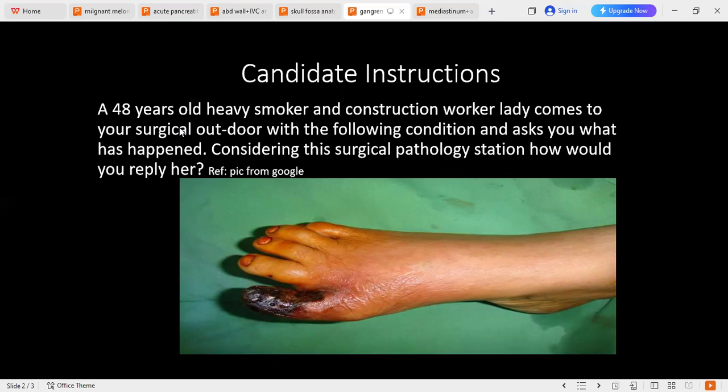The mode of spread: in dry gangrene there is a clear demarcation, whereas the wet one spreads by direct extension, and there are skip lesions. Here there is a defined margin.